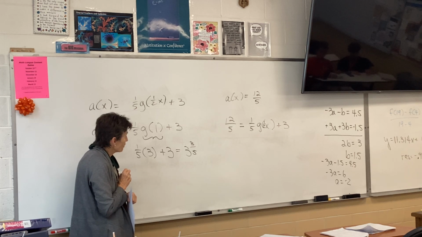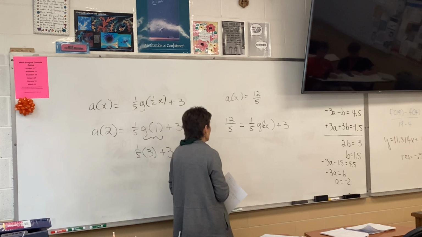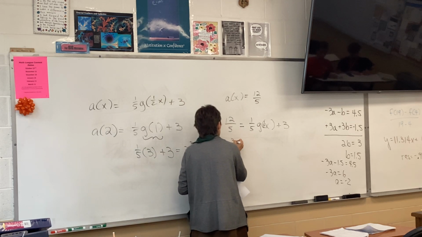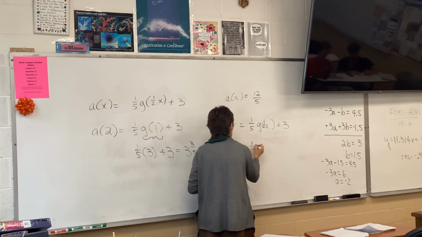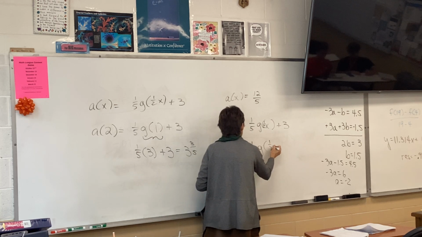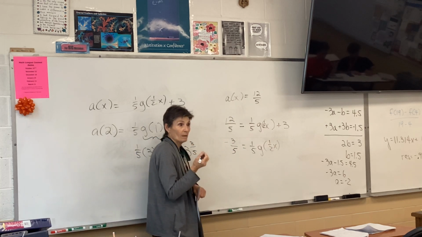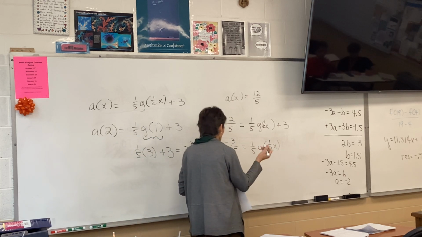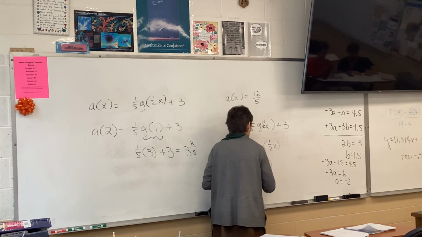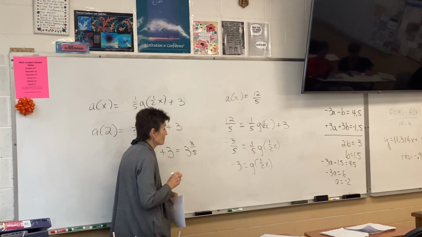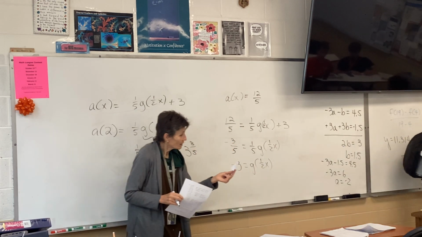All right, how do I solve that? Subtract the 3. Oh, yuck. Okay, would that be negative 3/5? Yeah. All right, and then what? Or multiply by 5, whatever floats your boat there. There it comes.